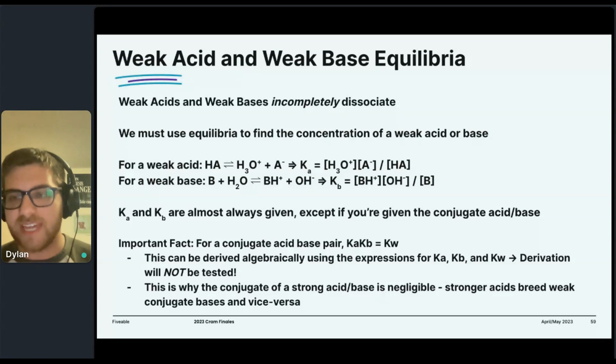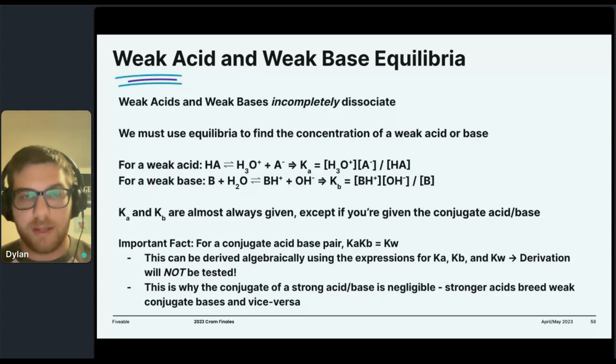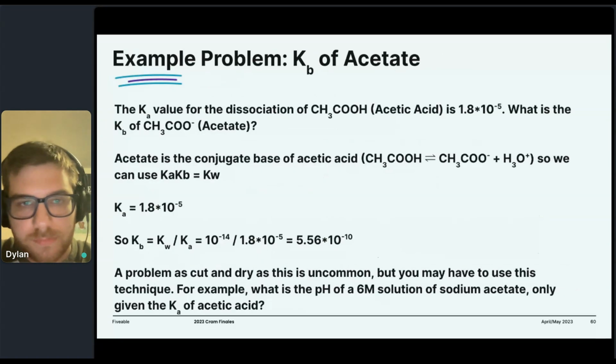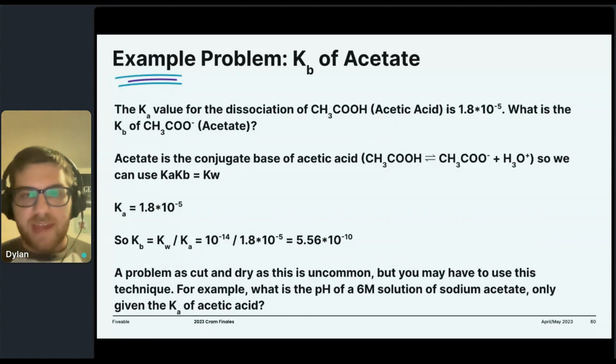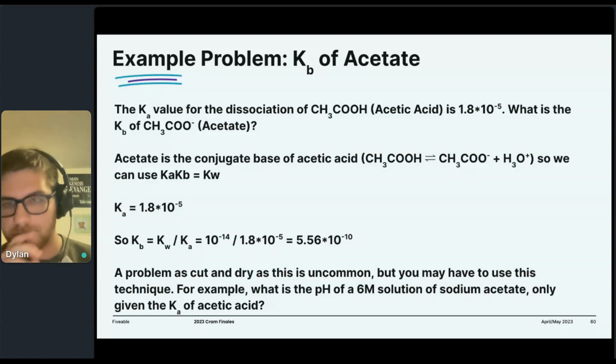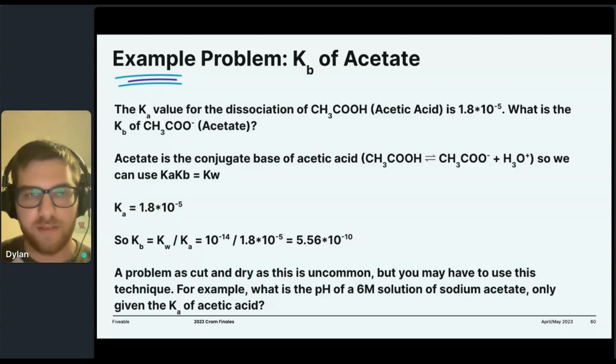And we'll look at applying Ka and Kb in further slides and look at problems involving them. Perfect, great. Here we go. So here's a problem that asks us to find the Kb of acetate, right? So we're told that the Ka for the dissociation of acetic acid, CH3COOH, is 1.8 times 10 to the minus 5. And we're asked for the Kb of the conjugate base, CH3COO minus, or acetate, right?